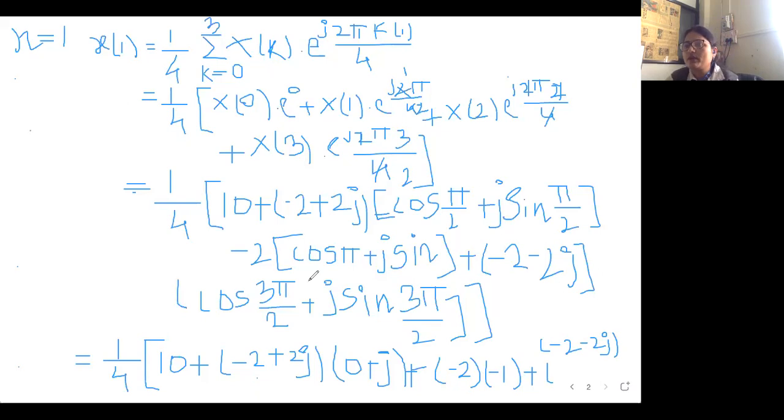Cos 3 pi by 2 is periodic, and in the range of pi by 2 all cos values are always equal to 0. And what about sin 3 pi by 2? Minus 1. So this is minus j.